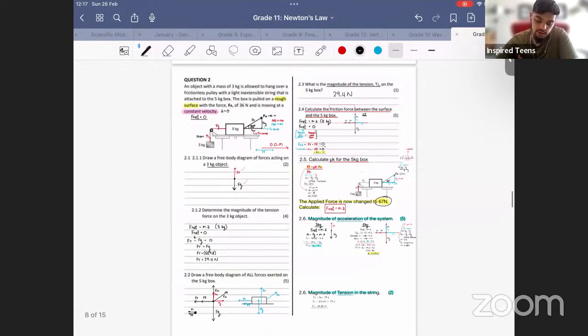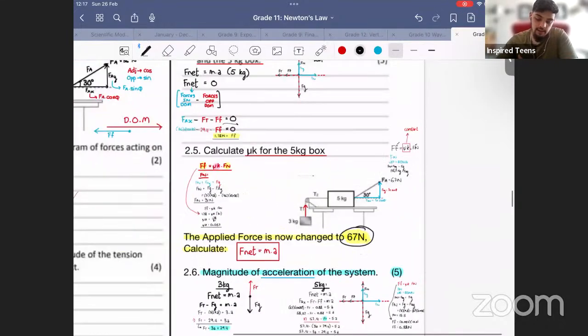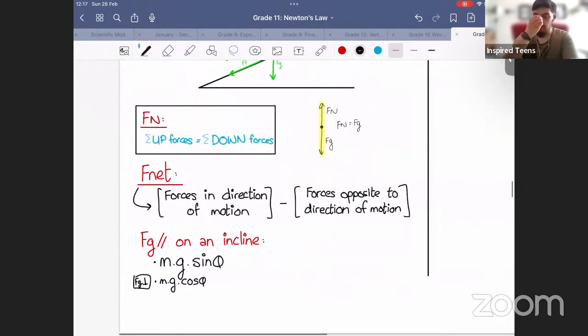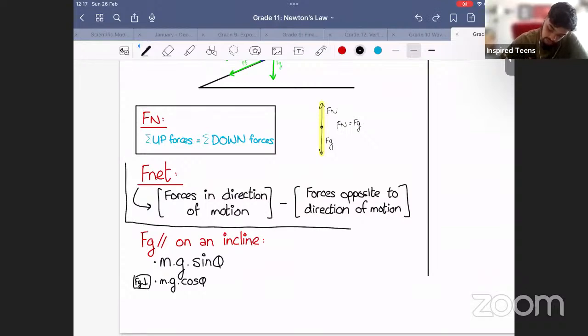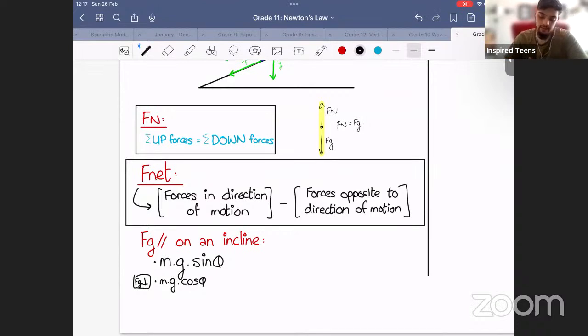But look, if you're stuck, follow these methods, right? It's really, really important. I'll put this maybe on the first page or somewhere on its own page as well. These are extremely important, and you need to get rid of all the rubbish that you know is rubbish, because not all that you know is rubbish, some is good. But things like Fn is always equal to Fg.